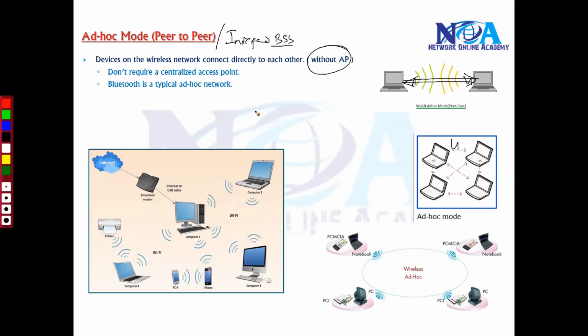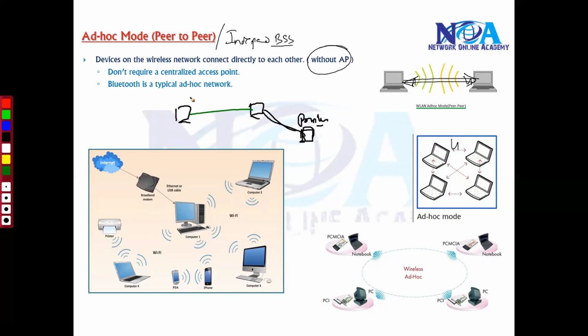Now this is more applicable where you have two users. Let's say I have two users, basically laptops, and they need to exchange some kind of documents between them. Or you can take an example like you have a laptop and you want to connect it to a printer, and you don't want to install or set up a dedicated access point to provide the connectivity.